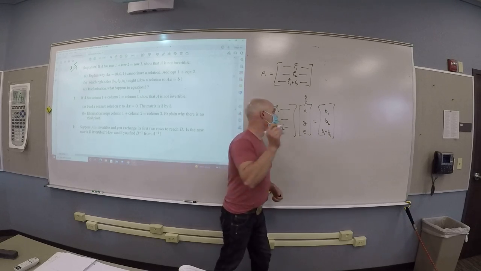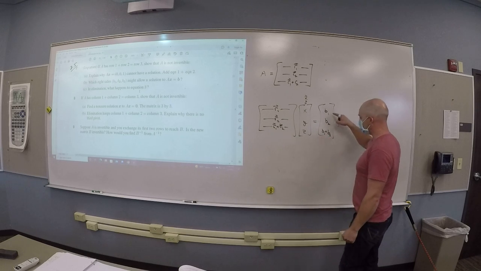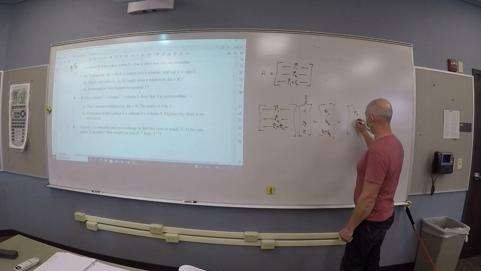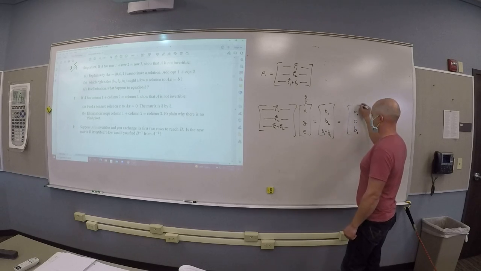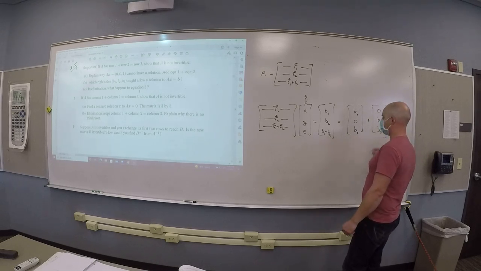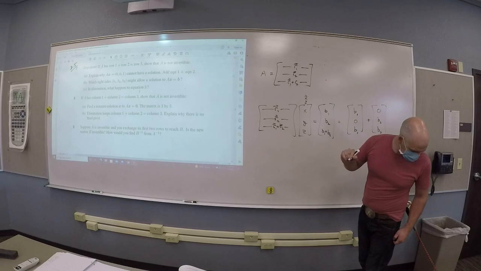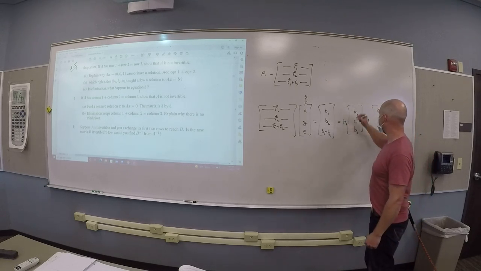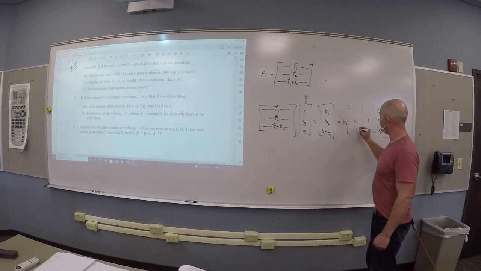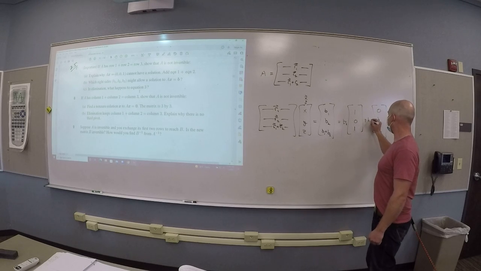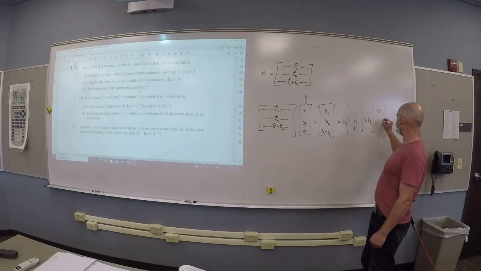Ish? Okay. To make that really explicit, these guys look like B1, 0, B1 plus 0, B2, B2, right? You guys with me on that? Okay, and then if I pull the B1s out of each of those, that's B1 times the vector 1, 0, 1, and B2 times the vector 0, 1, 1.